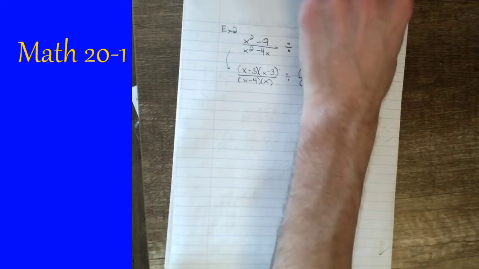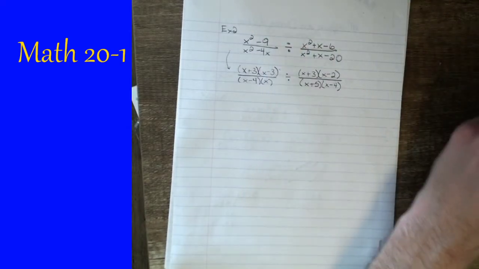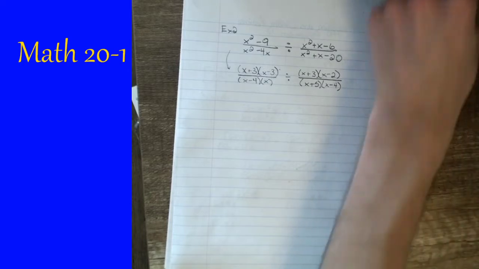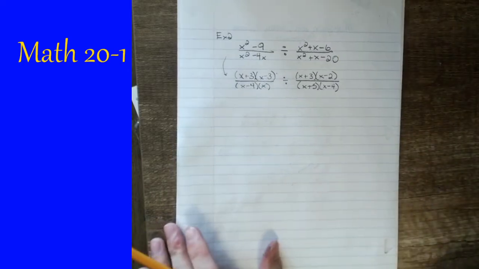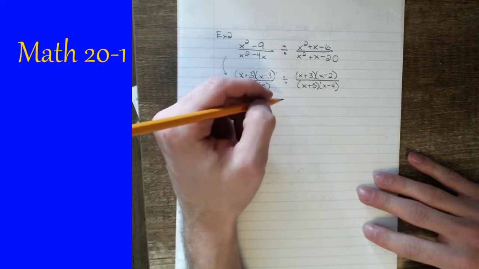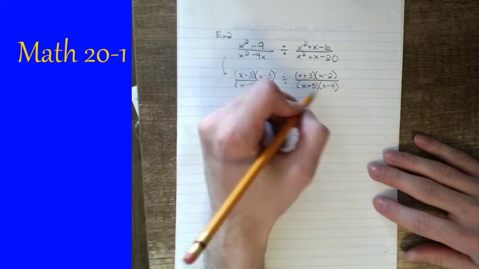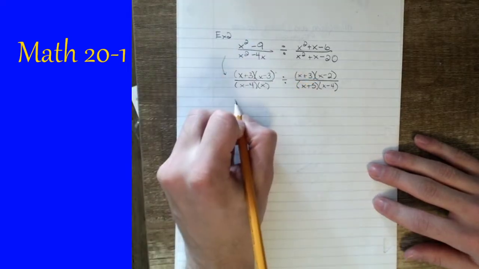Once we have that factored, we can then start to use our rules for multiplying and dividing. And for division, it was to change it to a multiplication statement and then flip that second expression. So let's do that now.